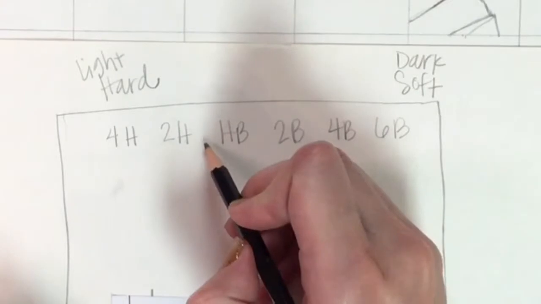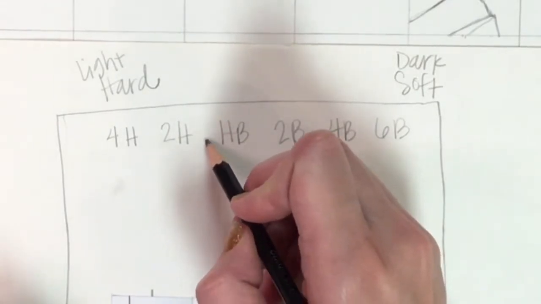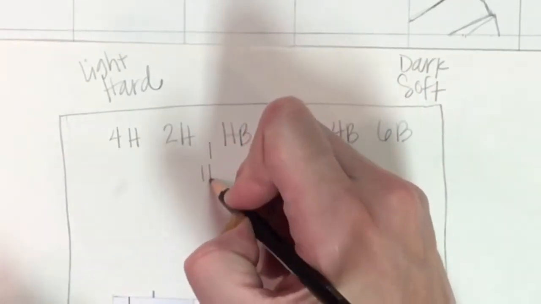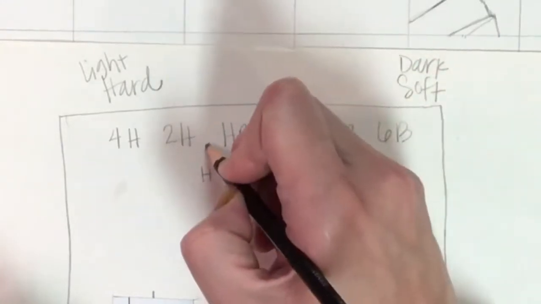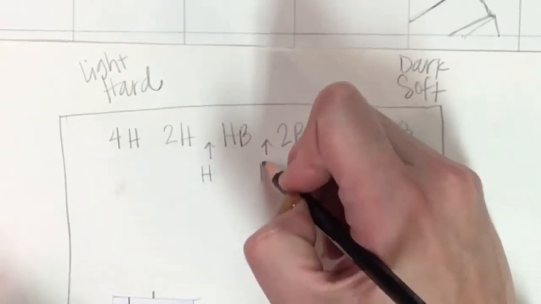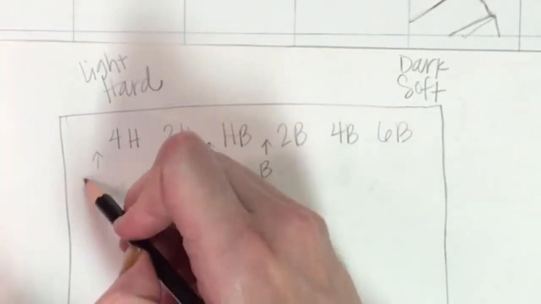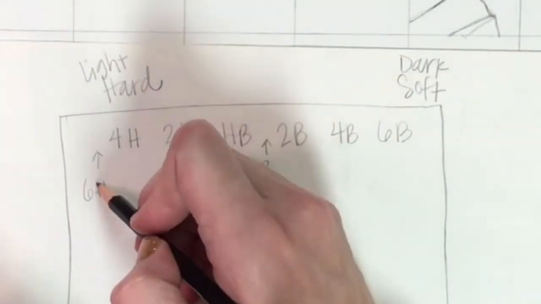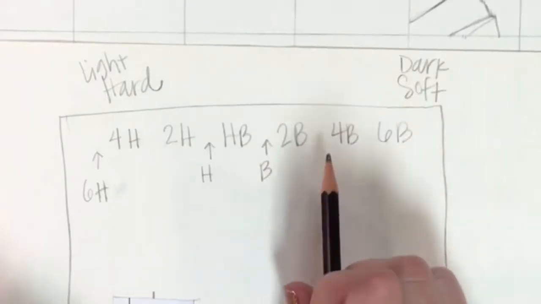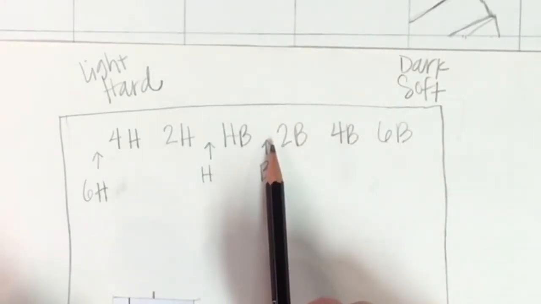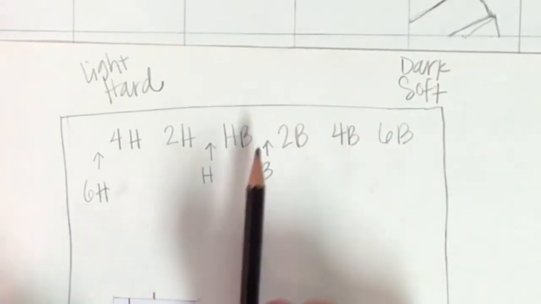Okay, there's also other ones that will be in other sets. There might be an H right there. There might be just a B there. You might have a 6H. Some sets that I've seen, they've got odd numbers too.